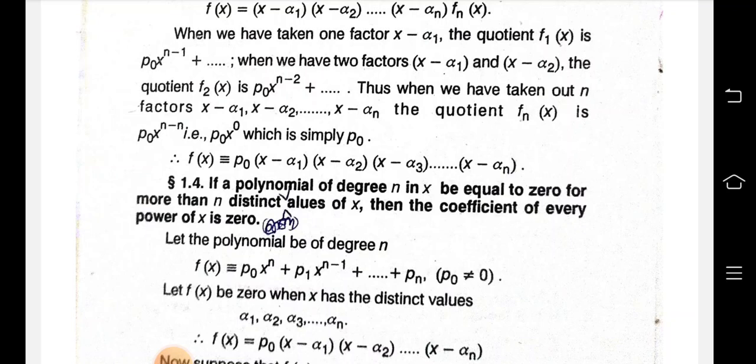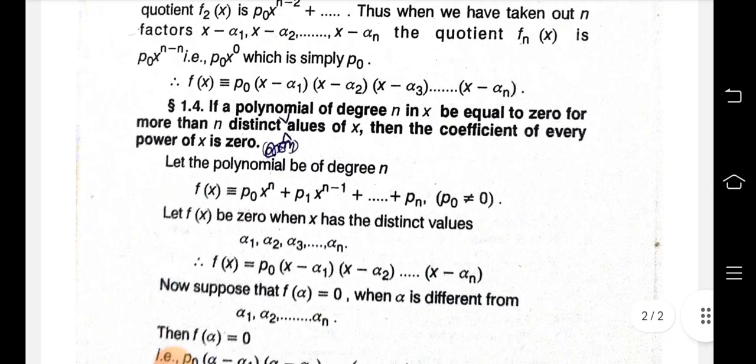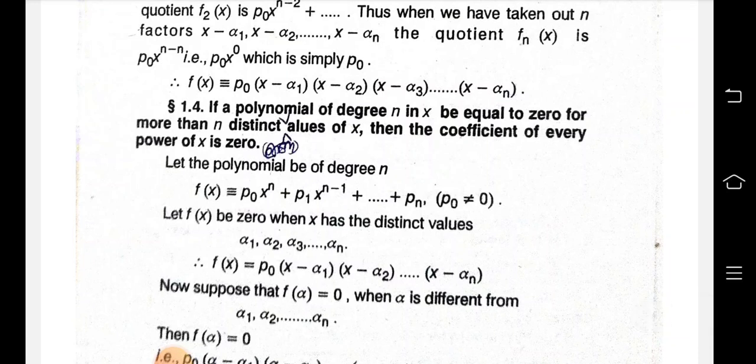Let the polynomial be of degree n, that is f(x) identically equal to p naught into x power n plus p1 x power n minus 1 plus up to pn, where p naught is not equal to 0. Let f(x) be 0 when x has distinct values alpha 1, alpha 2, alpha 3 up to alpha n.